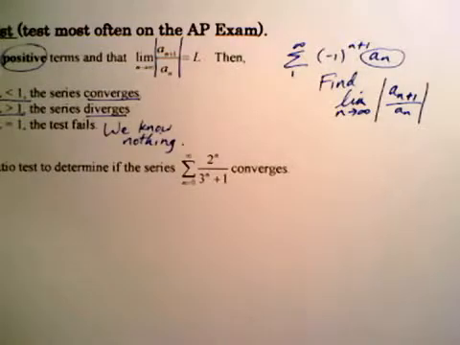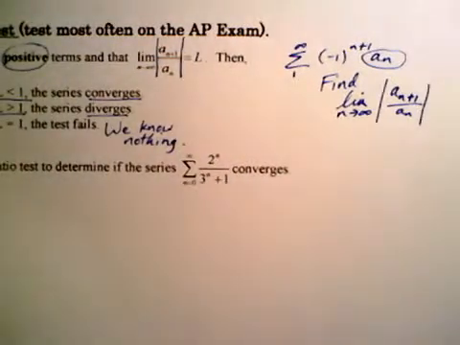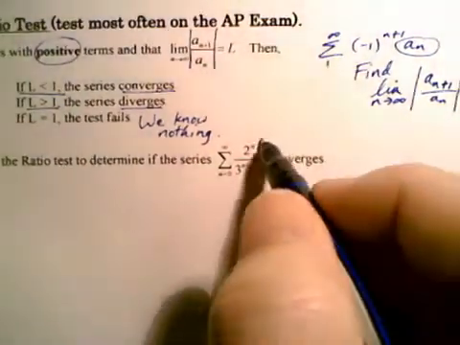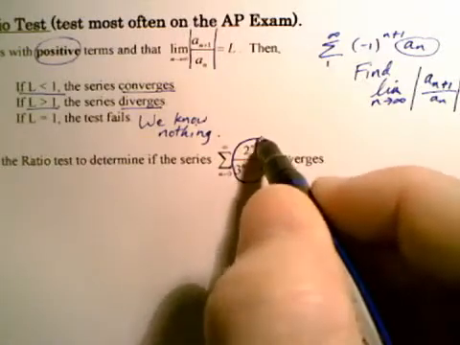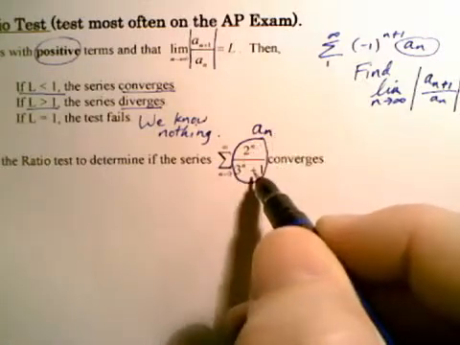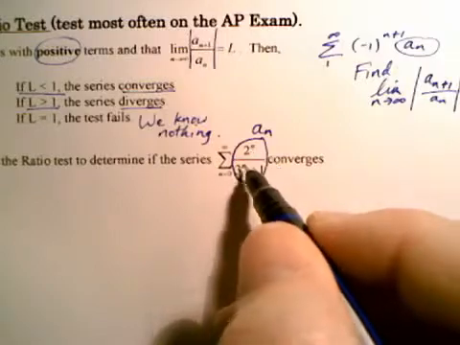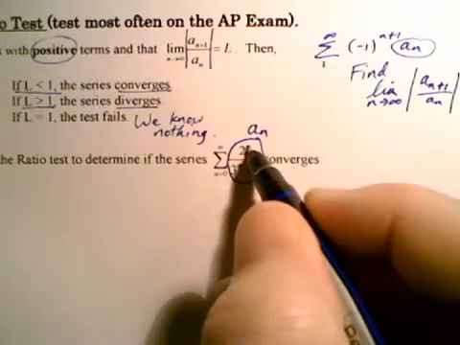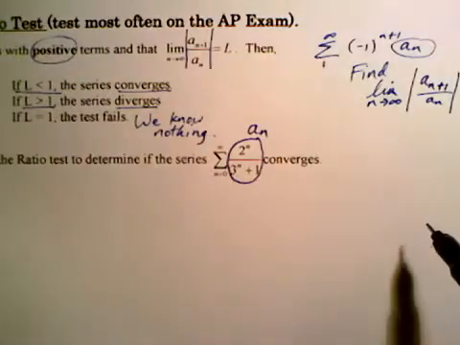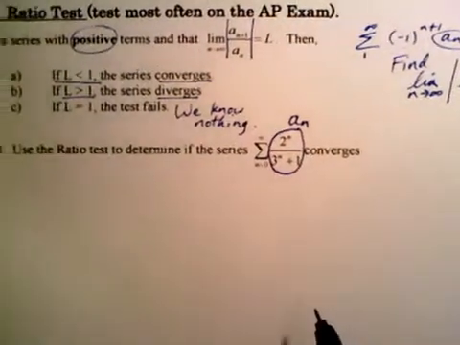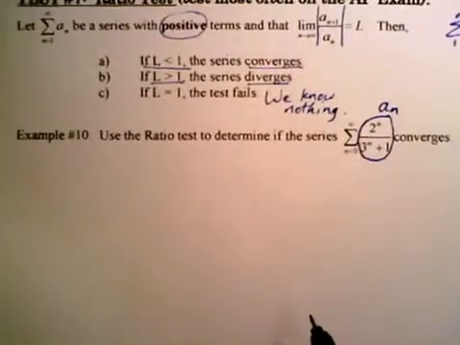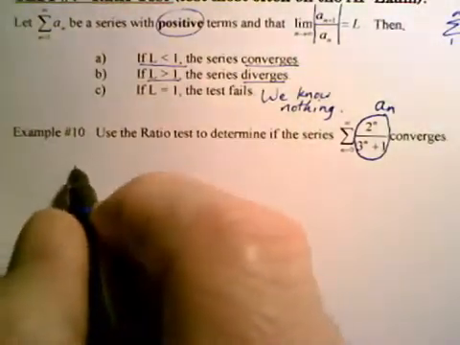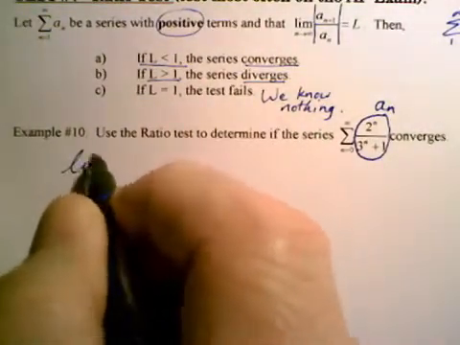So let's take a look at this series down here and see what happens. Okay, here's our a sub n. Notice the n there and the n there. Well, a sub n plus 1 is going to have an n plus 1 there and an n plus 1 there, just like function notation. So let's go back over here, and let's take this test.